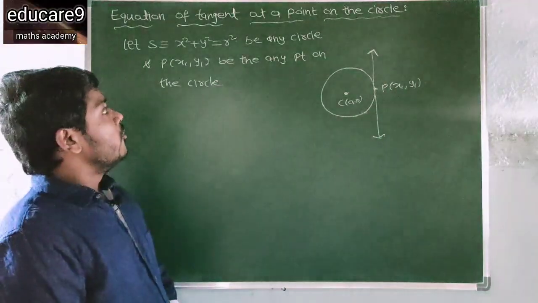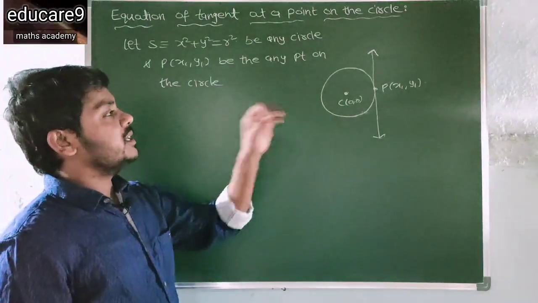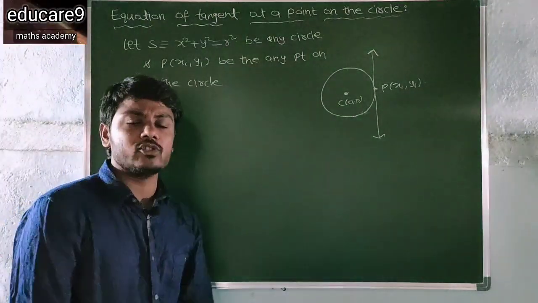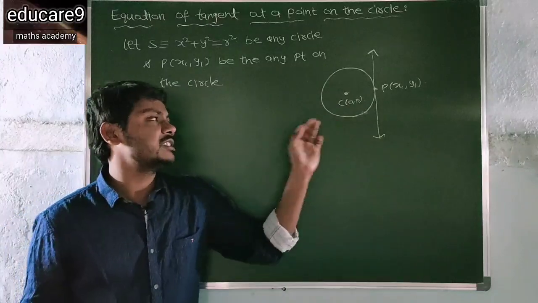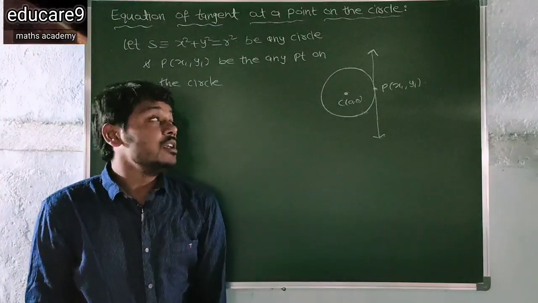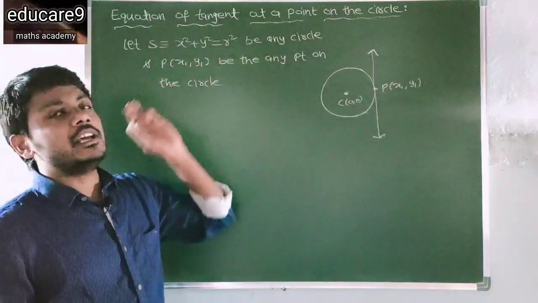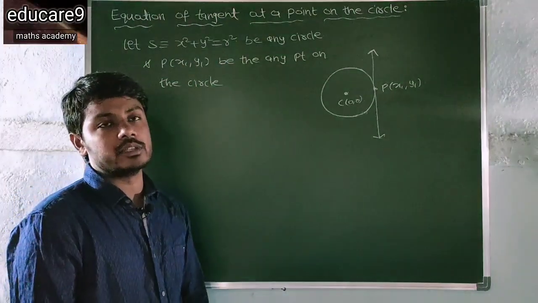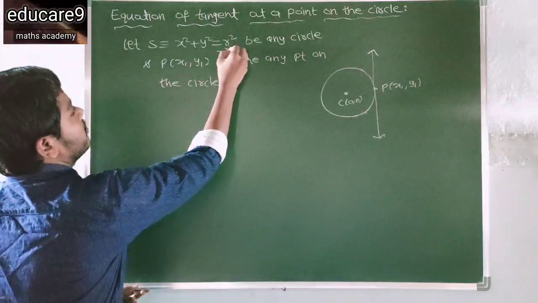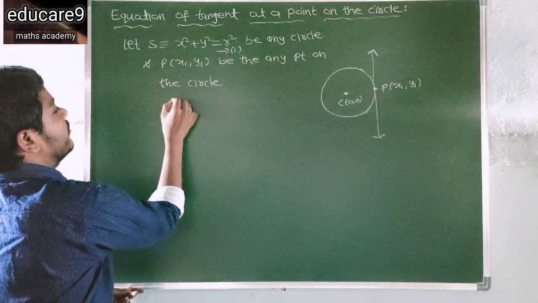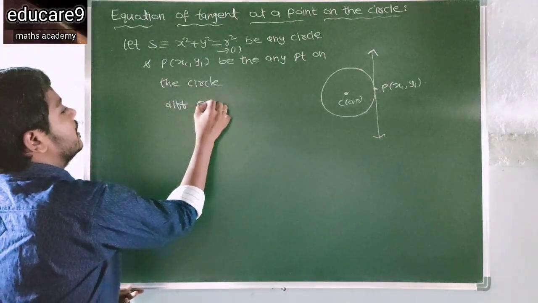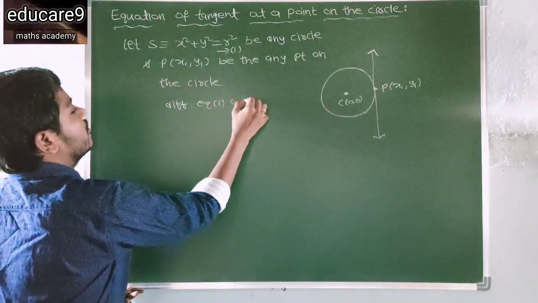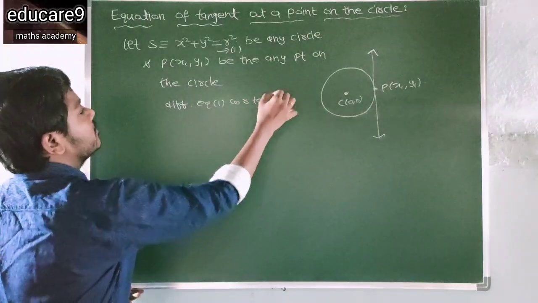So see here, find the slope of the circle. How to find the slope of the circle? Simply, the circle is a curve, so differentiate the given curve with respect to x on both sides. See here, this is equation 1. So differentiate equation 1 with respect to x.